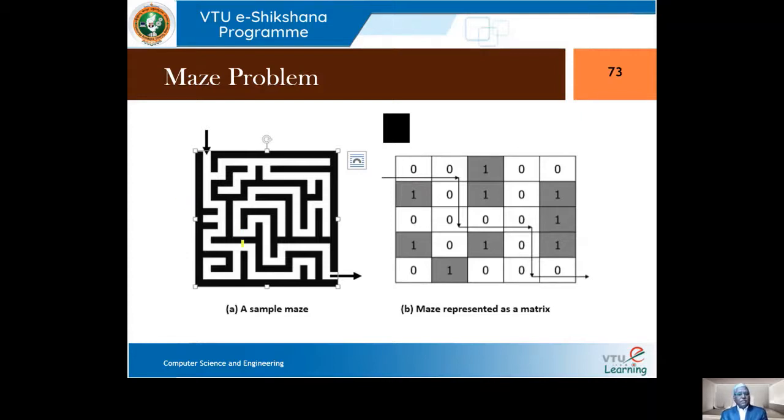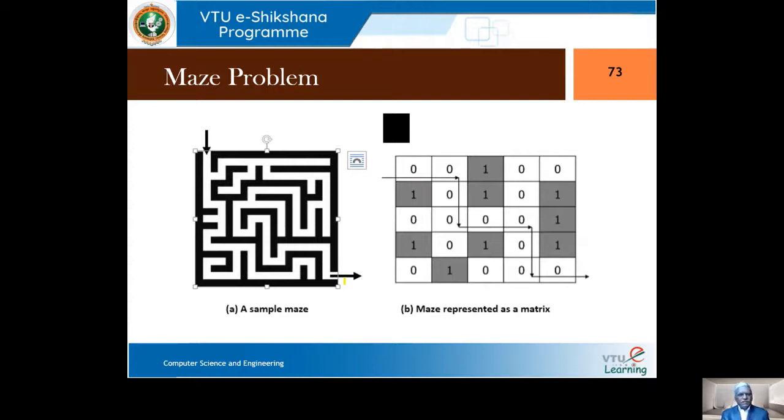Now this is the original diagram which normally people show. Assume that we have a pattern something like this, where the thick lines are called the walls, and these white ones, the openings, are the path on which the rat can move. So this is the entry point for the rat, and this is the exit point.